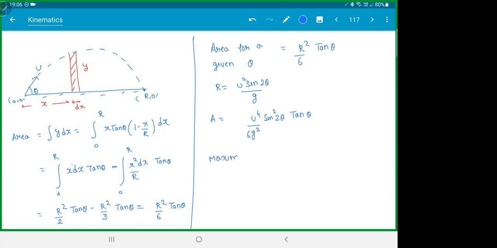And what you do in maximum, minima, the first differential is 0. And we have to do here dA by d theta is equal to 0. Please have a look at it here. So you are integrating with respect to x, but you're differentiating with respect to theta. Check it out.